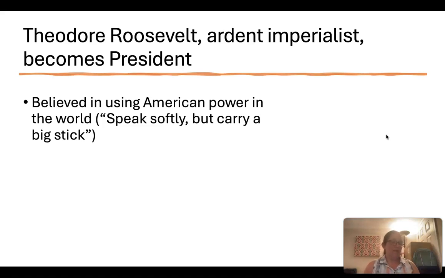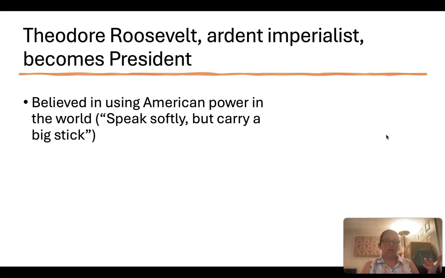He called the American ideal a nation of men, not weaklings. And he believed that having a strong military was a sign of national greatness and also racial superiority. He definitely had very social Darwinist, very white supremacist ideas.